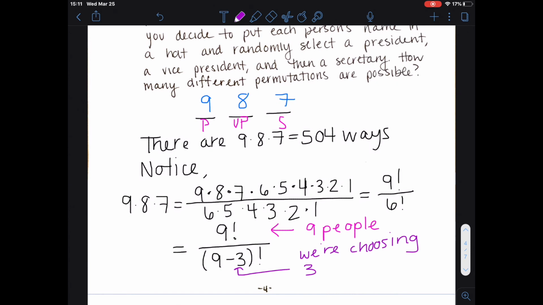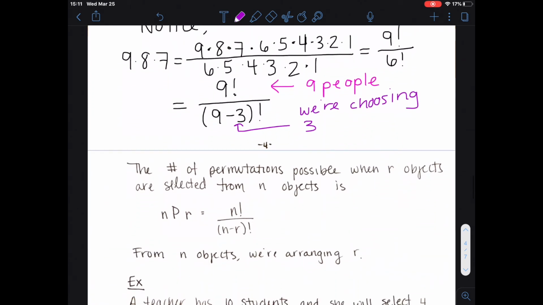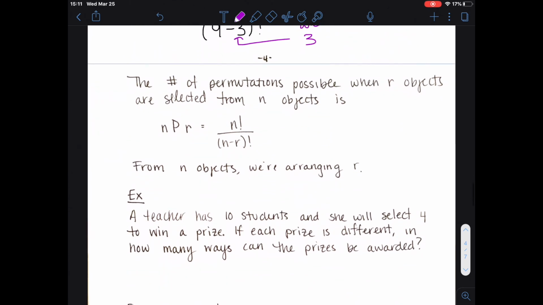Okay. So we take from those 9 people, we're going to subtract out the 3 positions we're picking from. So in this particular instance, since I'm not selecting every single person, if all 9 were getting a position, there would be the full 9 factorial ways to do that.